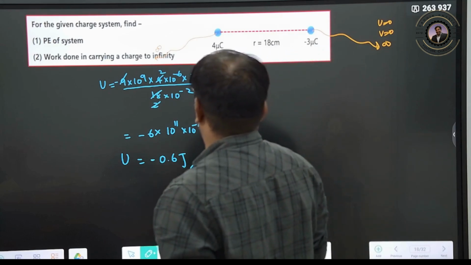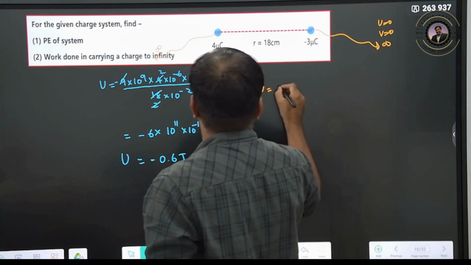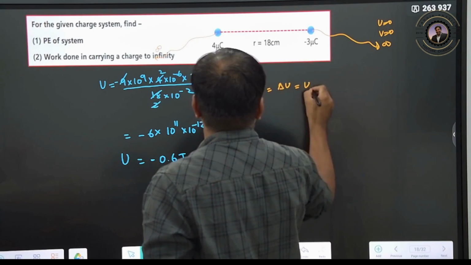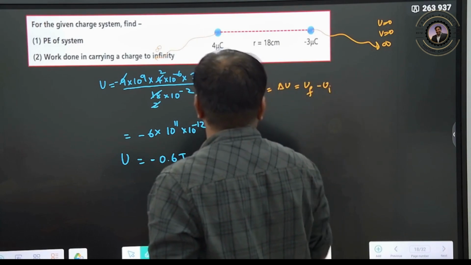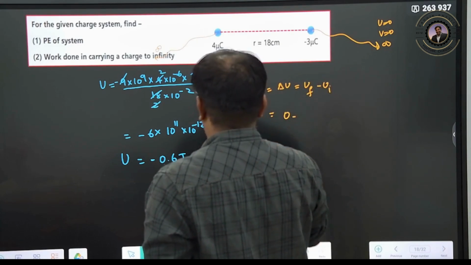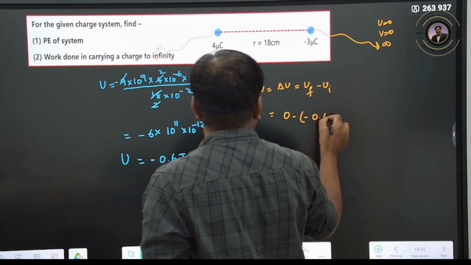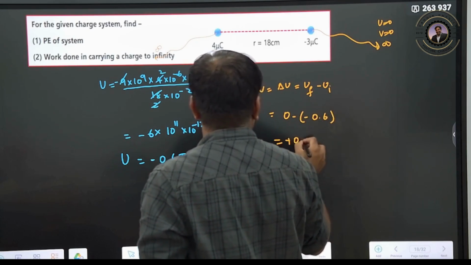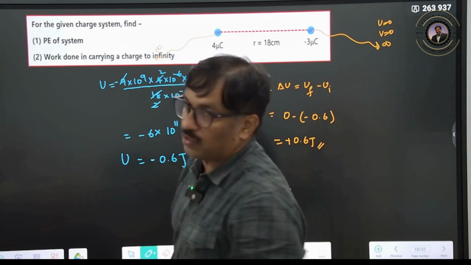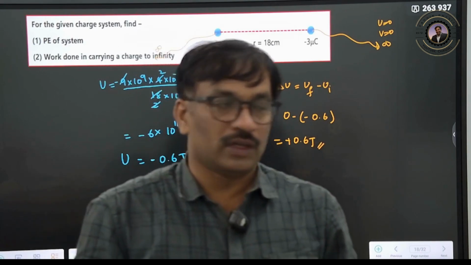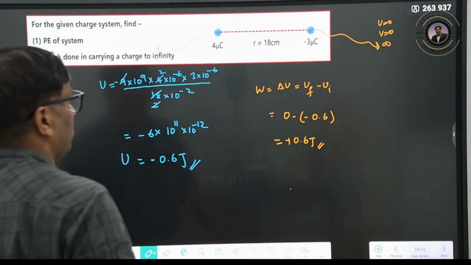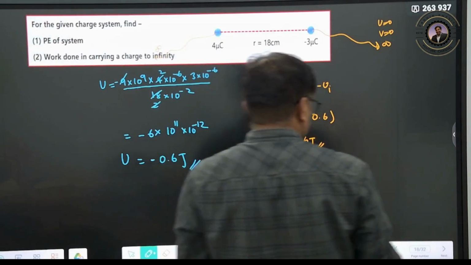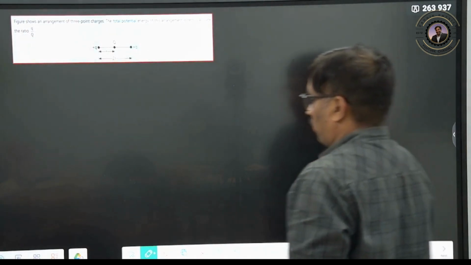Whatever the work done will be equal to the change in potential energy, U final minus U initial. U final was 0, initial is minus 0.6, so minus of minus 0.6, therefore plus 0.6 joules. This much amount of work we have to do to take these charges to infinity. Clear? Now let us go for one more question.